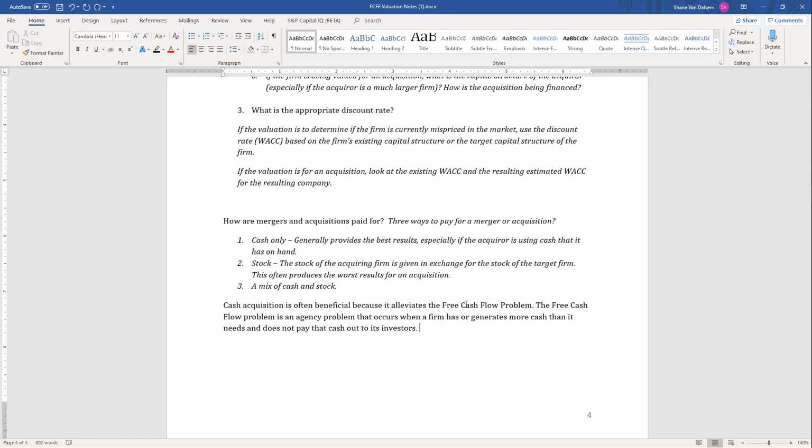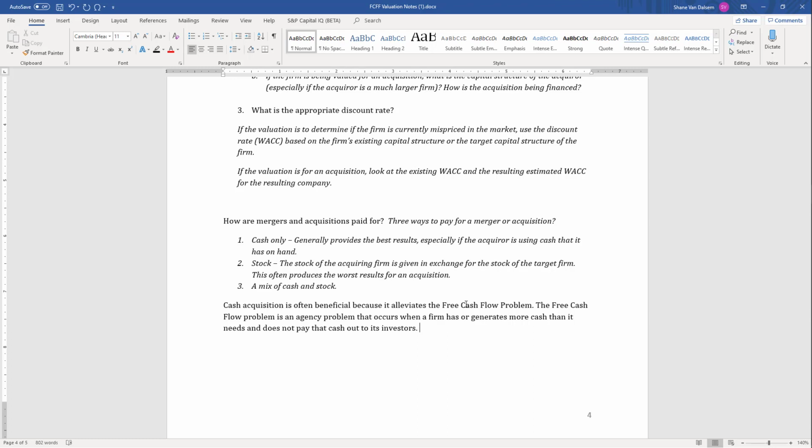You know, they've got an extra pile of cash. They decide, hey, let's go build a new building, or let's go buy some airplanes, or let's just do something dumb with it because it's fun. Let's increase all the executives' pay and increase the compensation for board members beyond what it should be.